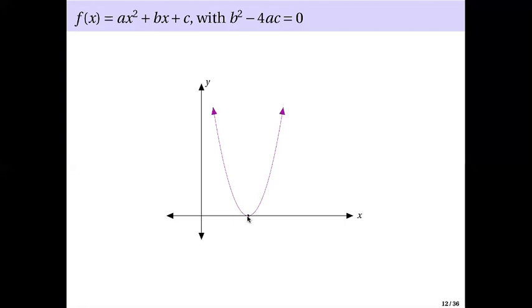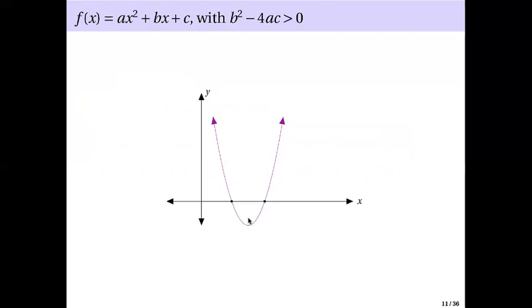It also means that the graph of the quadratic function intersects the x-axis just once. Unlike in this case, when the discriminant is greater than 0, the graph of the quadratic function intersects the x-axis twice.